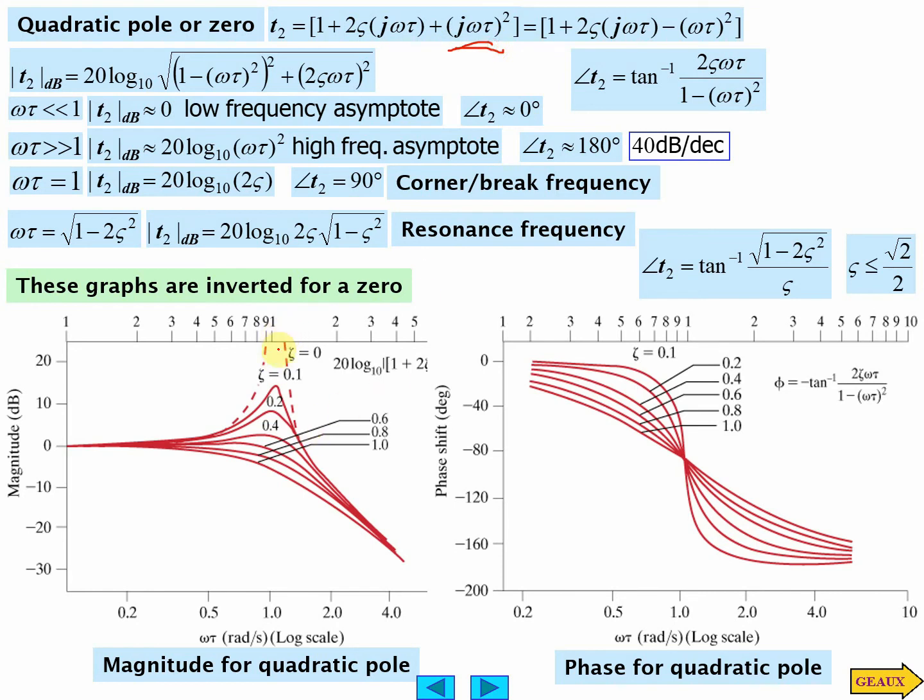Resonance looks like this, depending upon your damping, which is zeta. Depending on how big the damping factor is, small to big, it kind of follows this curve, and you will have resonance.